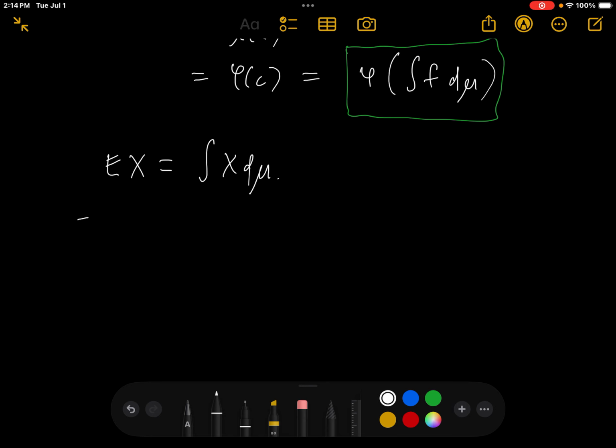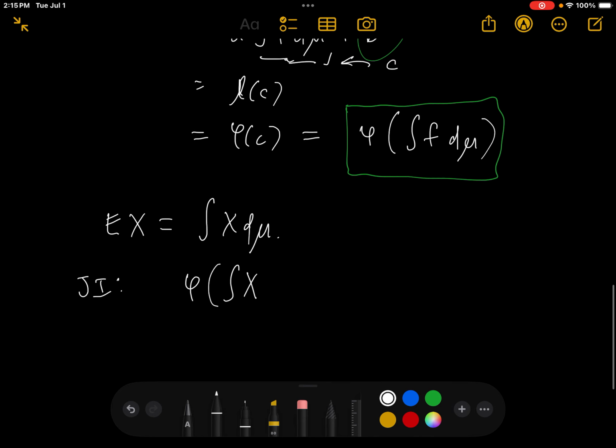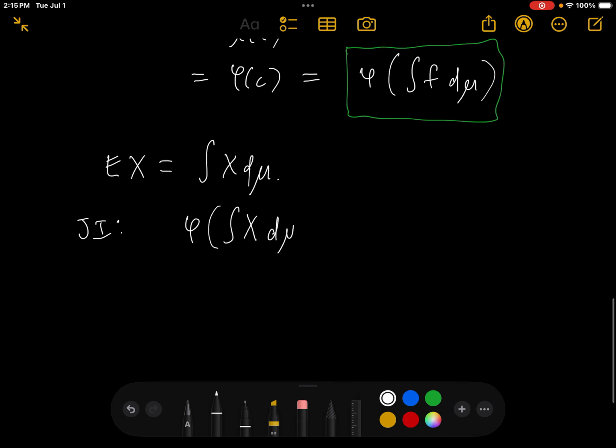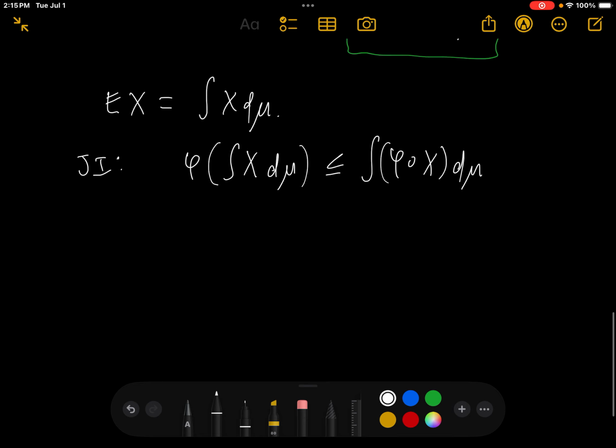So by Jensen's inequality, you get that phi of the integral of x, where x is your function f, is less than or equal to the integral of phi of x. And so the left-hand side is equal to phi of the expectation of x. And the right-hand side is just the expectation of phi of x. So that's how you get the result.